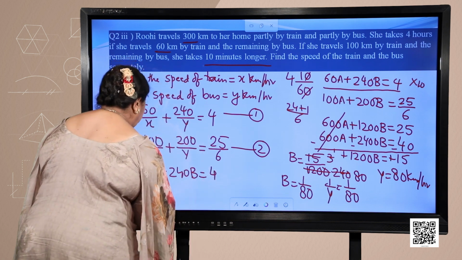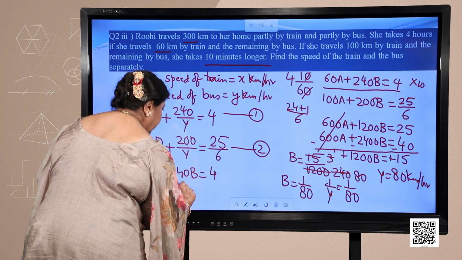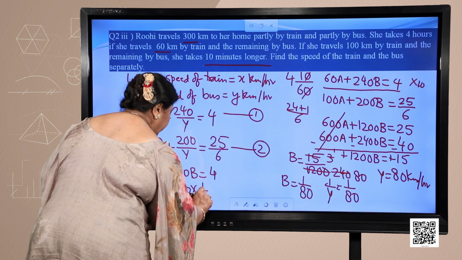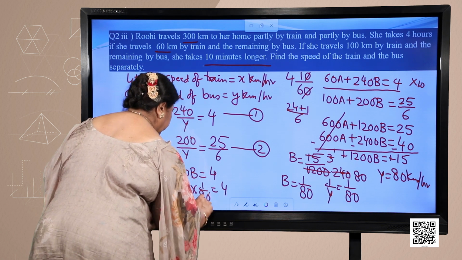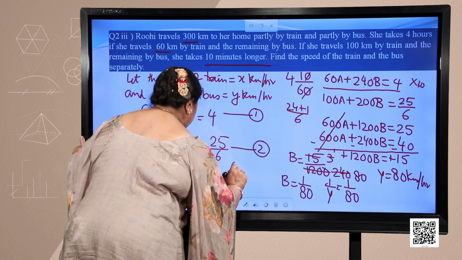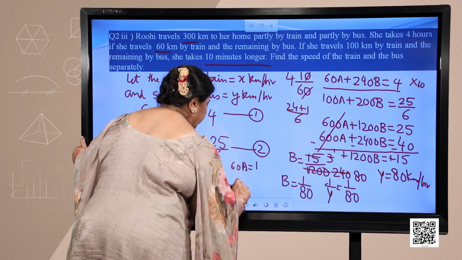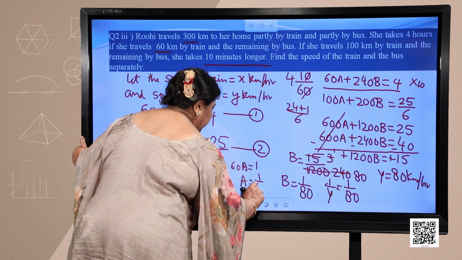So, what is the value of b? It is 60a plus 240 into 1 upon 80 is equal to 4. Yes. So, 60a is equal to, what is 4 minus 3? 1. So, a is equal to 1 upon 60.